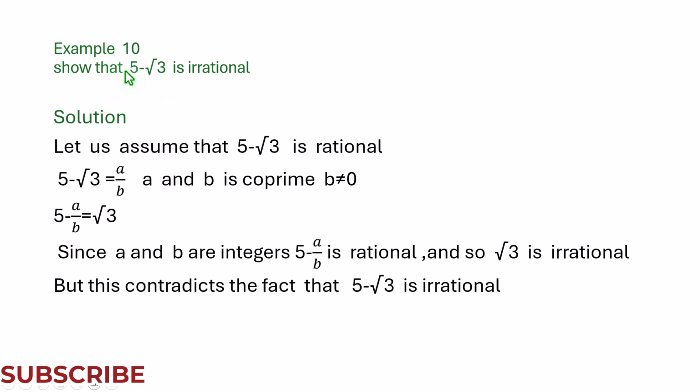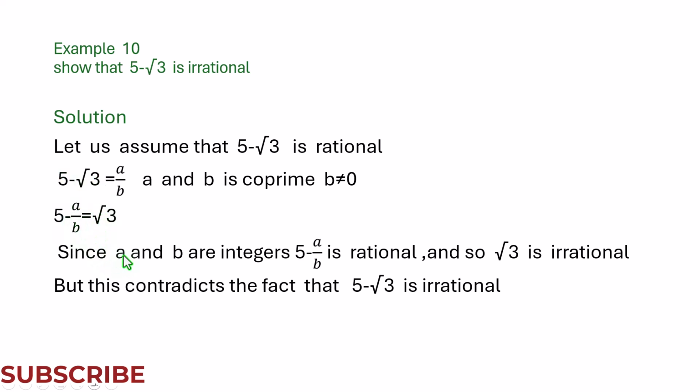Example 10. Show that 5 minus root 3 is irrational. The method is to keep the irrational part on one side and the rational part on the other side. Let's assume that 5 minus root 3 is rational. Then 5 minus root 3 is a upon b, where a and b are coprime. Transpose 5 to the right hand side: root 3 is 5 minus a upon b.